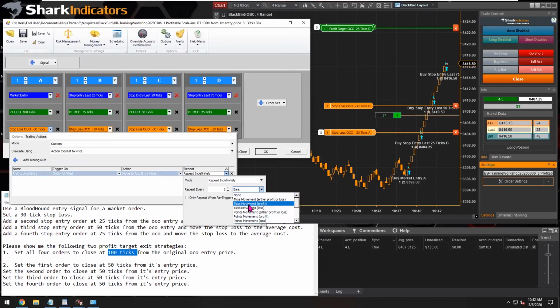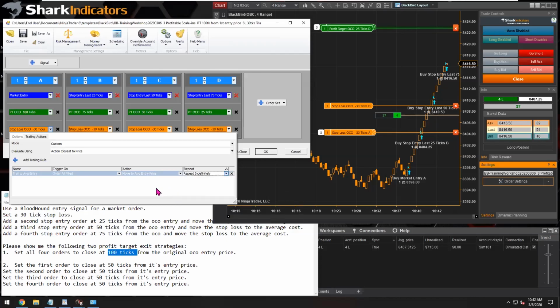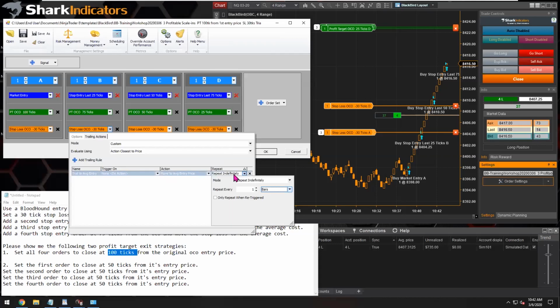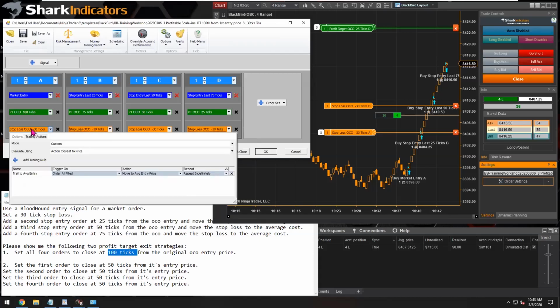All right, so we'll do ticks of movement. There we go. So I'm going to go in here and adjust all of these repeats. Instead of repeating on every bar, we want to repeat on every tick of movement. So actually, we want tick in either direction. There we go. Let's go back here and adjust this one.